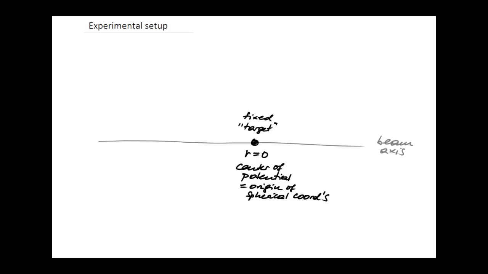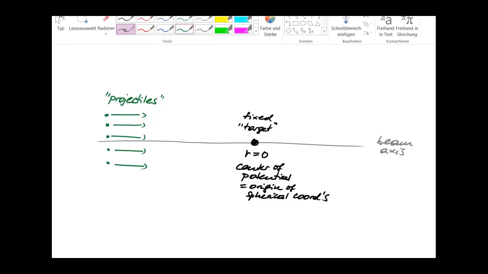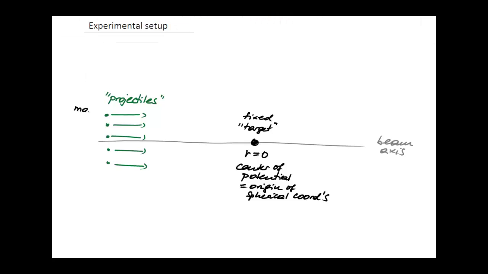So you will have projectiles coming in at varying distances from the beam axis. They're all moving parallel to the beam axis, but they are not exactly on the beam axis. So these are our projectiles, and they have masses mu. That comes from the reduced mass that we have in our effective one-body problem.